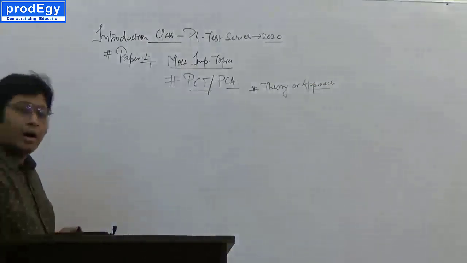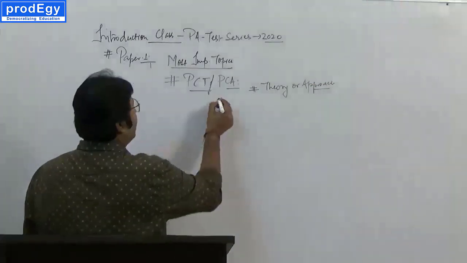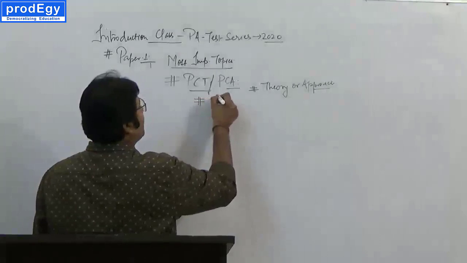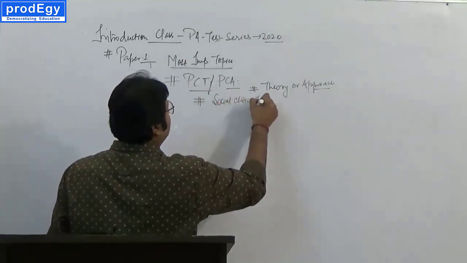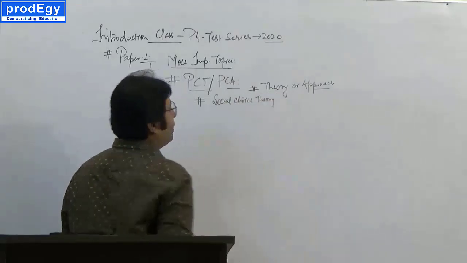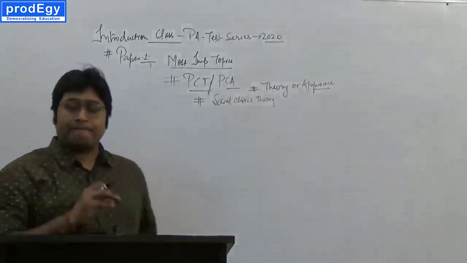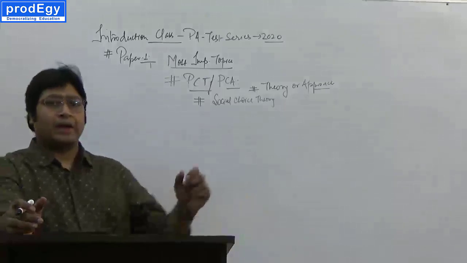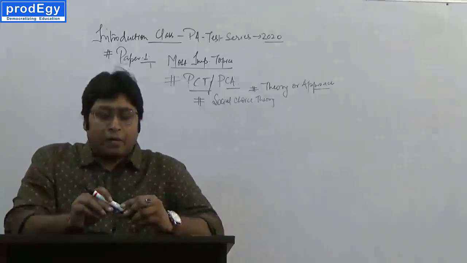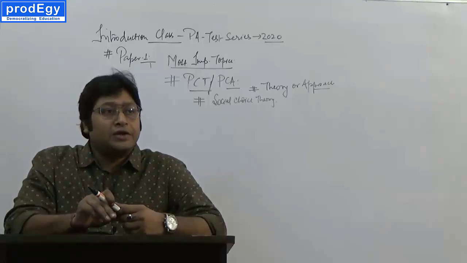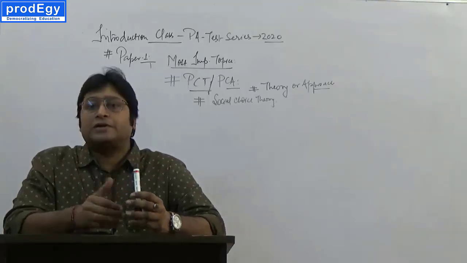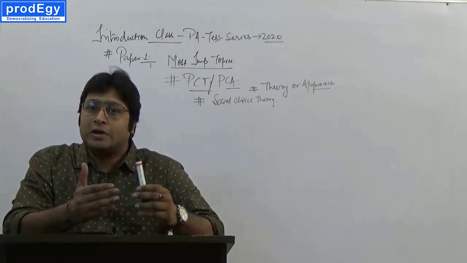Theory or approach, right? Then social choice. What was social choice theory? Okay, Kenneth Arrow, Duncan Black, what they talked about and how the social choice theory was the initiator, or one of the instigators, to the emergence of the public choice approach.